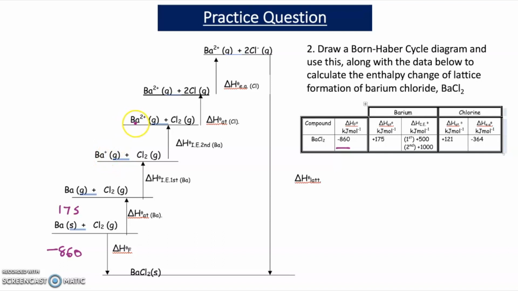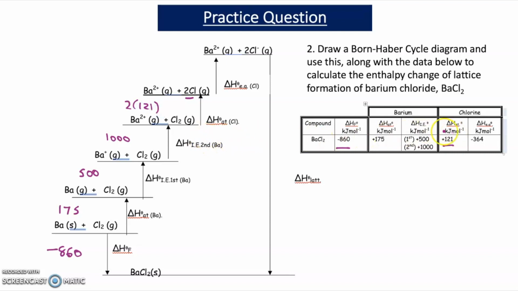Then I have to convert my gaseous barium atoms to gaseous barium ions, and my value here for ionization energy is first 500, and that's to remove the first electron from barium to make Ba+, but I have to end up with Ba2+, so I need a second ionization energy, which is 1000 kilojoules per mole.